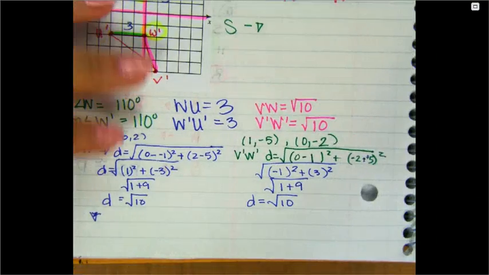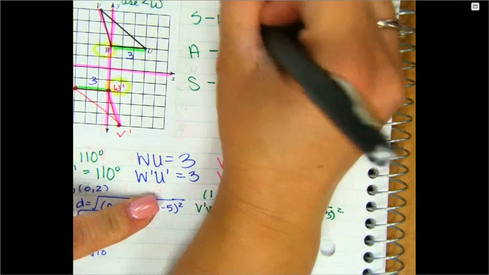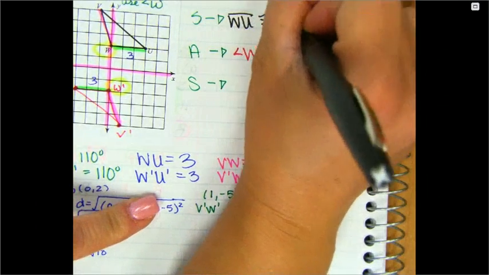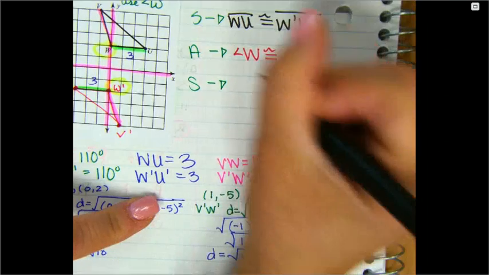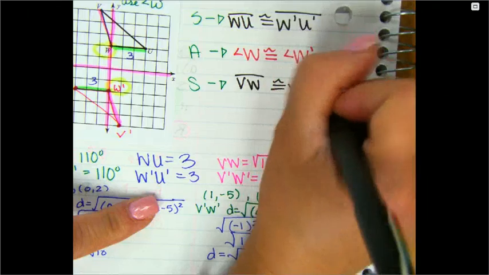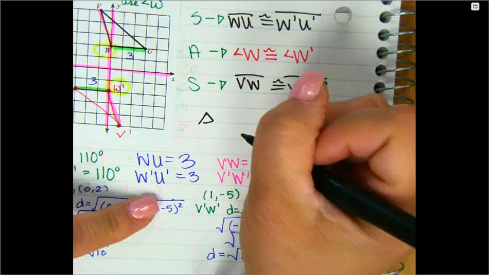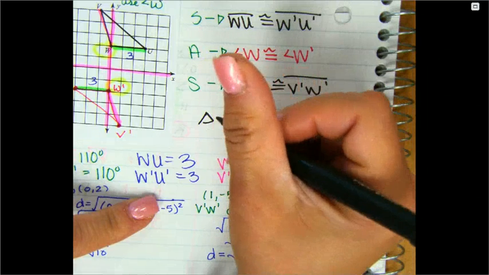All right, so now I can go ahead and state my sides. I can say WU is congruent to W prime U prime. And then I can say VW is congruent to V prime W prime. Therefore, I can say that triangle, what? What are your triangles?